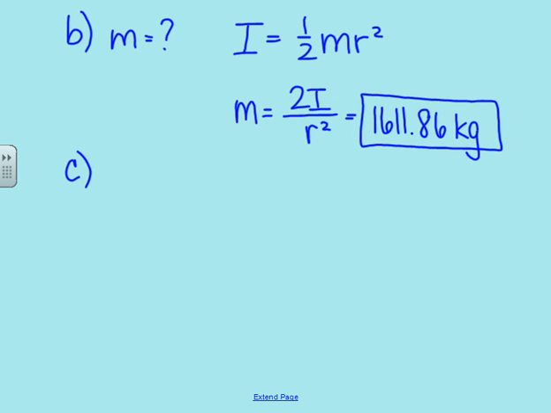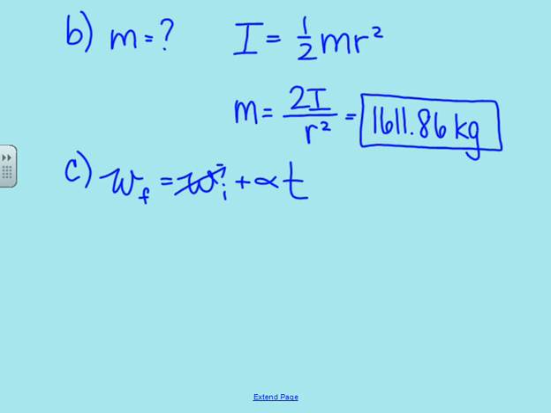Lastly, in part C, we are asked to find the angular velocity after 5 seconds, assuming that this grinding wheel starts from rest. Doing this portion is actually a little bit of review. A review from chapter 7, where we use the equation omega final equals omega initial plus alpha times time.